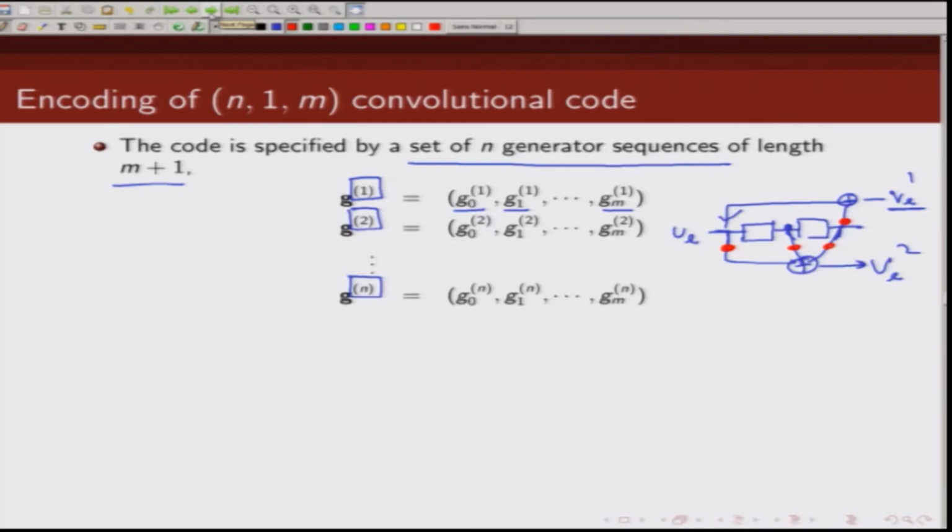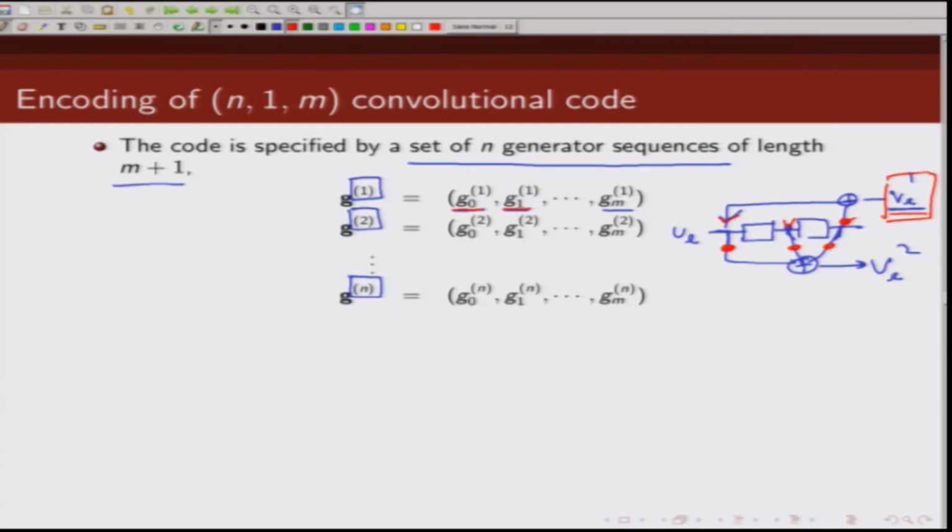So, the first output sequence is completely specified by whether u_l, u_(l-1) and u_(l-2) are participating. In this example, g_0^1, g_1^1 and g_2^1 completely specify which inputs participate in generating our code sequence.